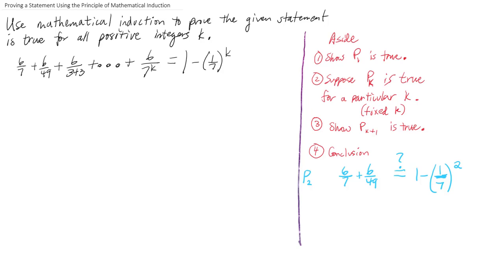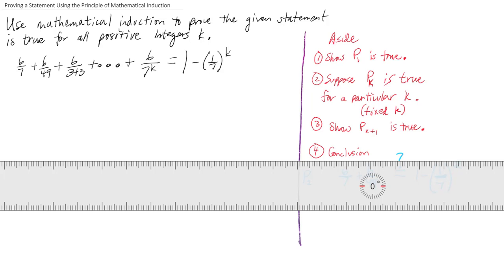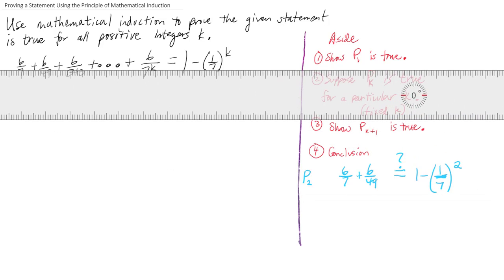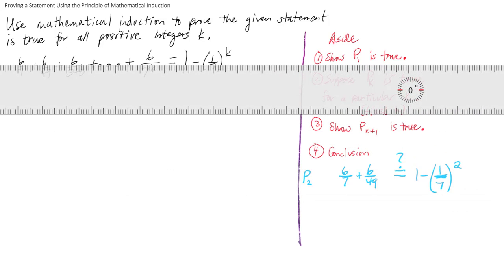Let's use mathematical induction to prove the given statement. Let's prove that it is true for all positive integers k. Now remember, in mathematical induction, there are multiple procedures. You want to first show that the first proposition is true.